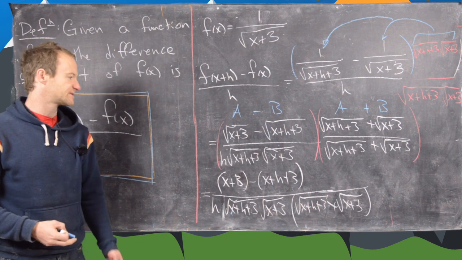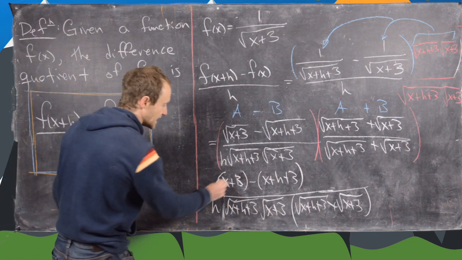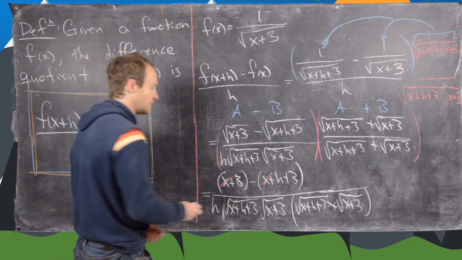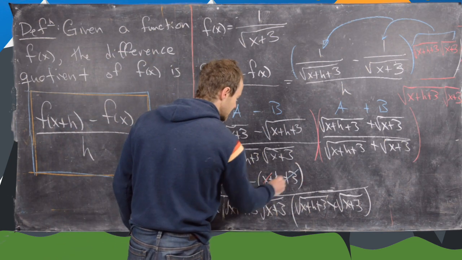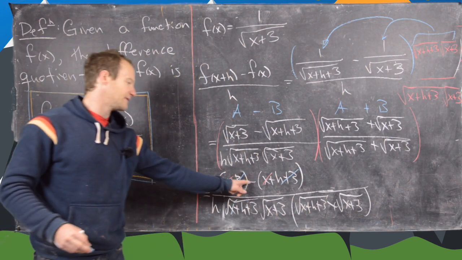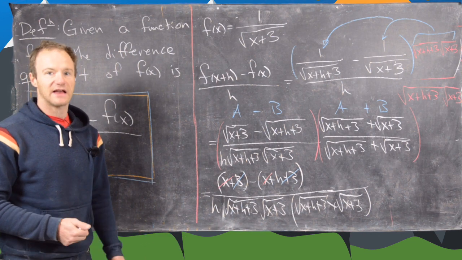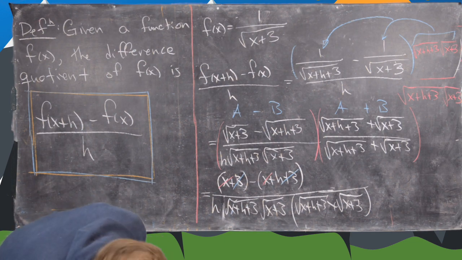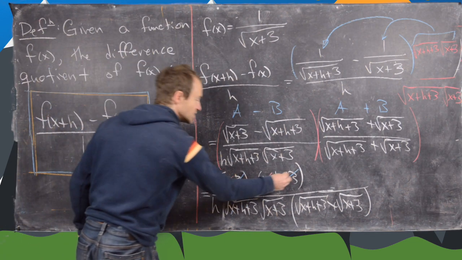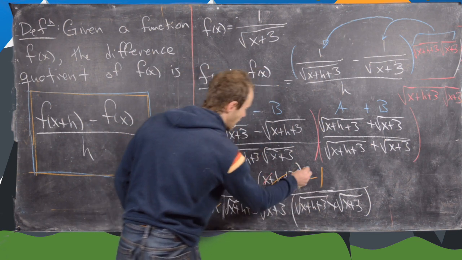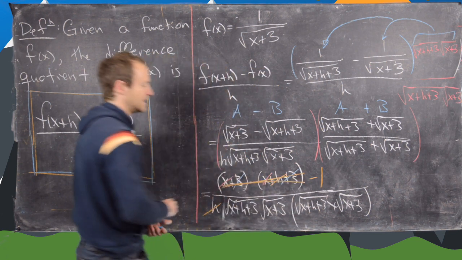But now we can do some simplification. So we can cancel this x with this x. We can cancel this 3 with this 3. And that leaves us with a negative h on the top. And we can take that negative h and cancel with this h in the bottom, leaving us with negative 1 in the numerator when all is said and done.